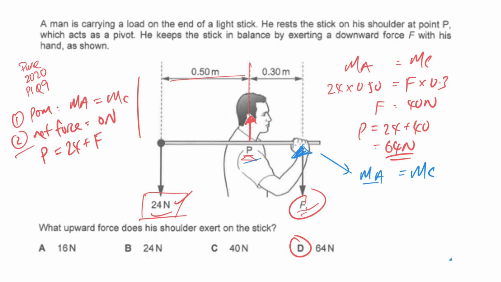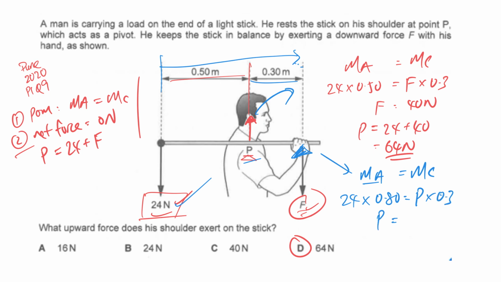The anti-clockwise is still the same, 24, but the total distance from the line of force all the way to the pivot now will be 0.80. The clockwise moment is by the force at P times the distance, which is 0.3, and if you work it out, P will be 64 straight away. So if you know the concept that you can take pivot about any point, I can skip the step to find F.